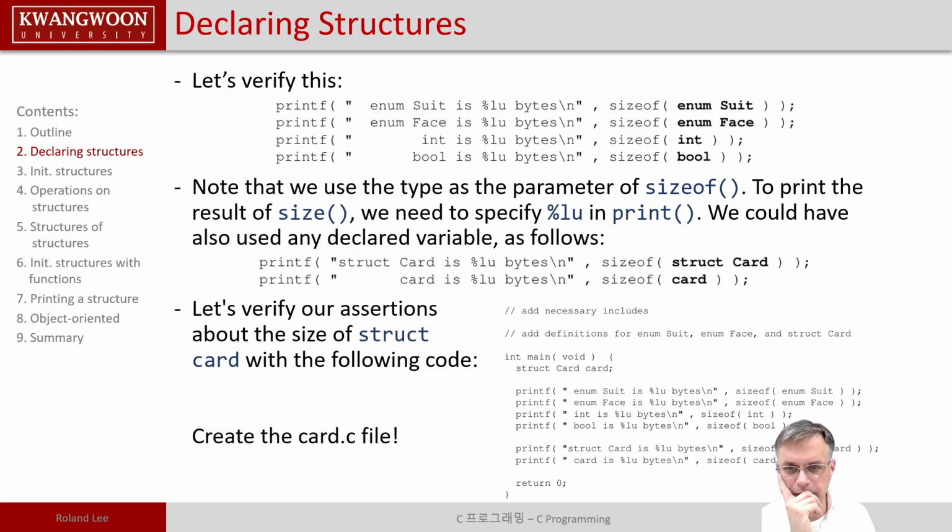This is what we have done. And then we could also use any declared variable as follows. So printf structured card, size of struct card, and card, because we create this struct card.